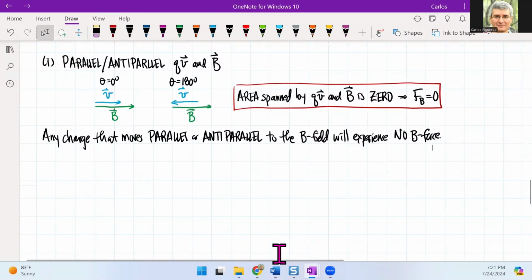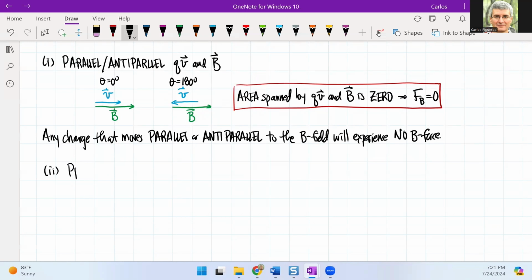That's what that's telling us. So now we have two cases left. One, what happens if it's perpendicular?